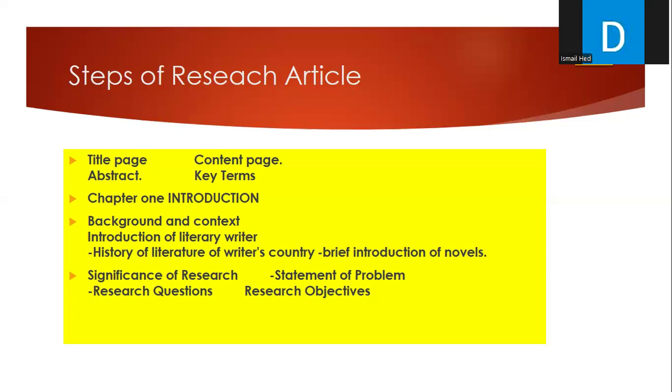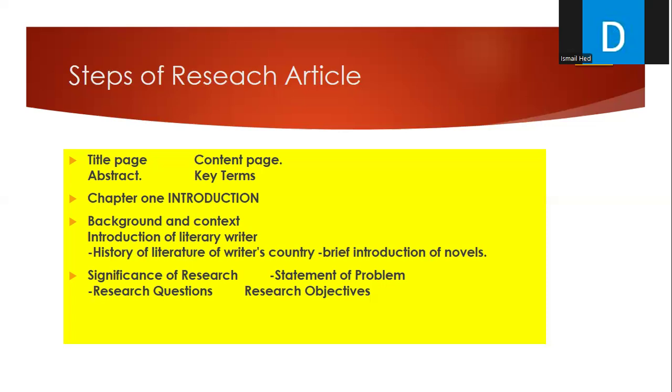It should also have the significance of research. Significance would tell you how your research is going to be helpful for future researchers. It should also have the problem which should be written in the purpose statement or the statement of the problem.